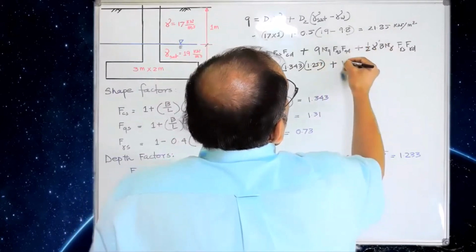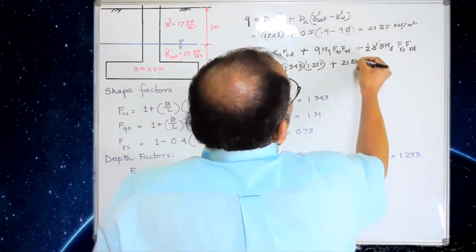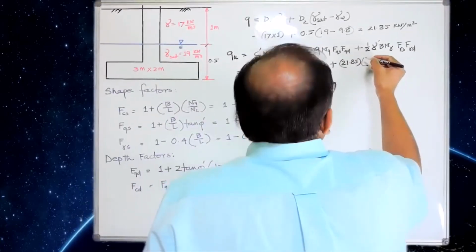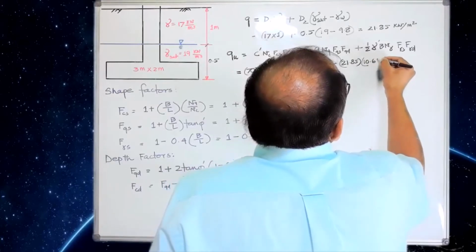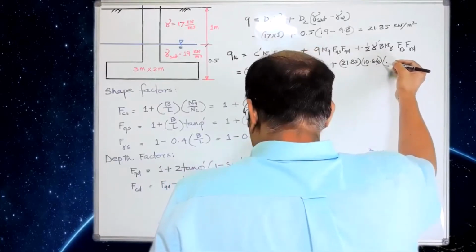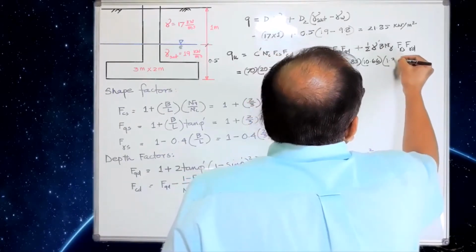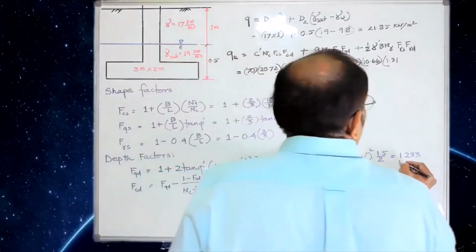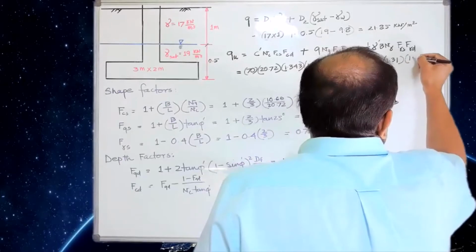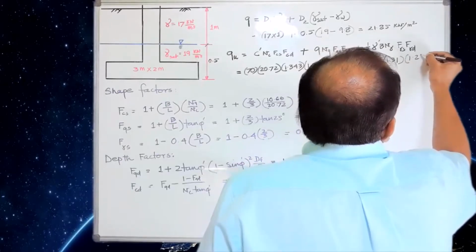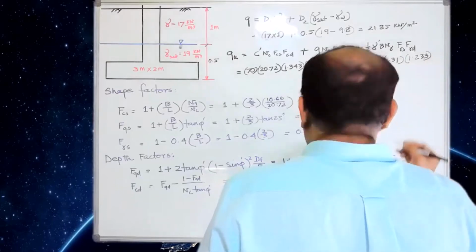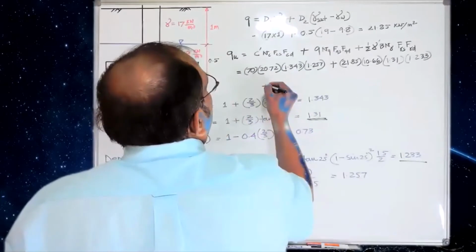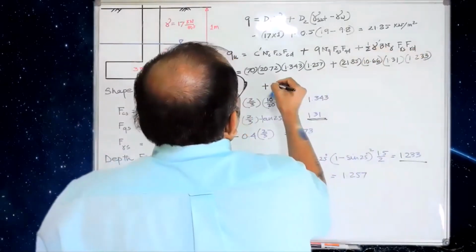Plus q, we already calculated that one, Nq, which is 10.66, into Fqs, 1.31, and then Fqd, which is 1.233. Plus this part here.